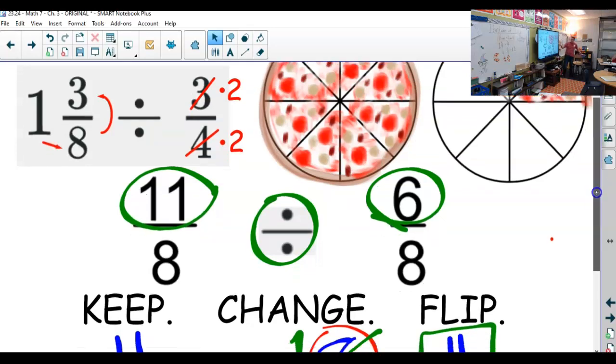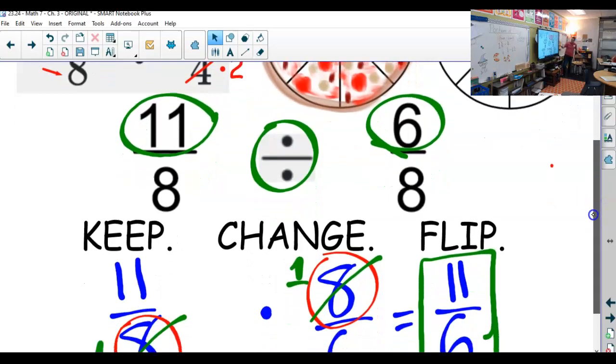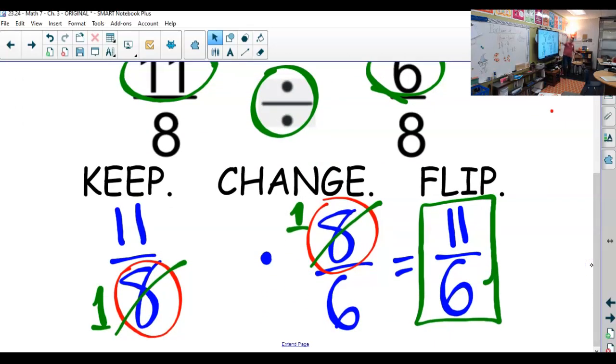We then keep the first fraction, change the division, and flip the second fraction. That then becomes 11/8 times 8 over 6, and the 8 on top and bottom cancel with each other, because 8 over 8 is 1. Why is there 1 next to it? Because when they cancel out with each other, they become 1s.